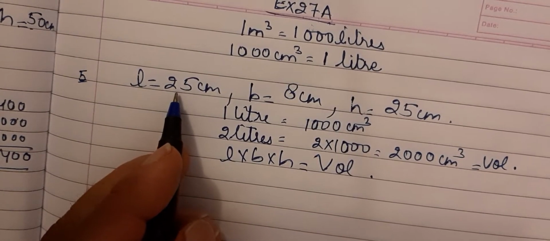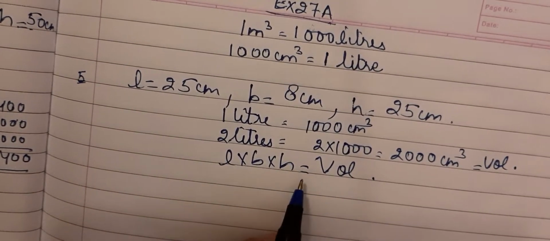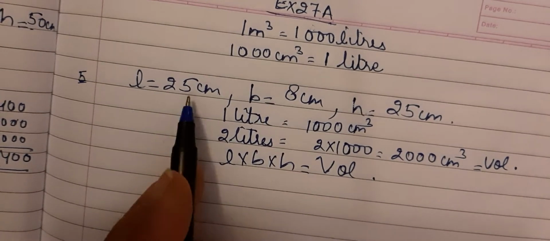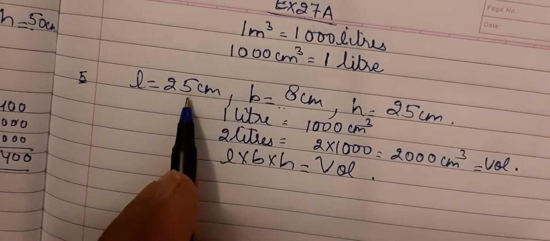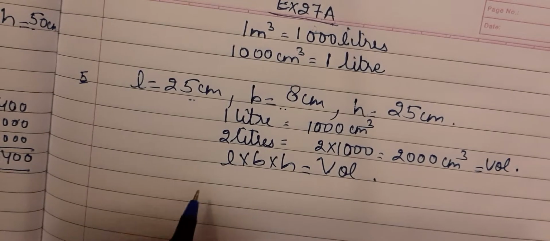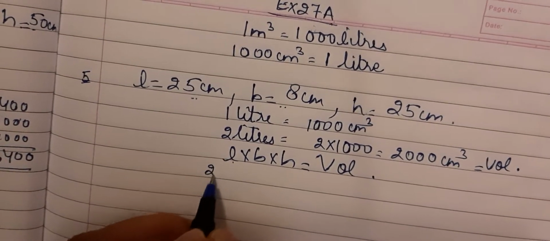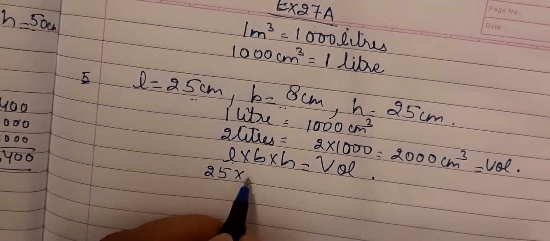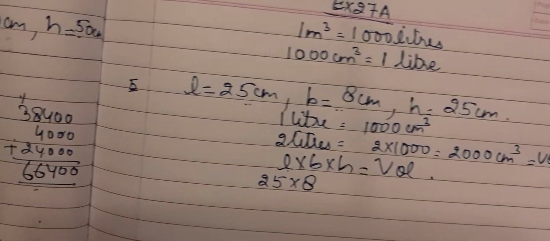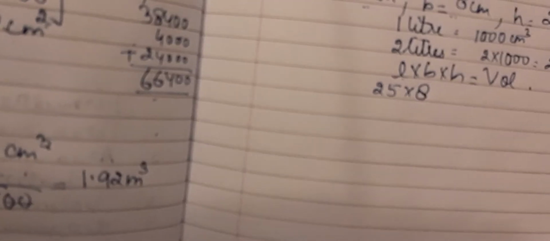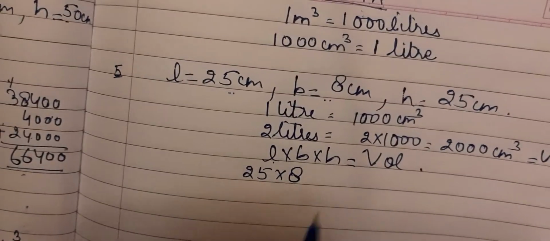As you know, the liquid takes the shape of the container, so length and breadth will be the same as that of the container. So the length of the container we will take as 25, the breadth of the container we will take as 8, and we have to now find the height.